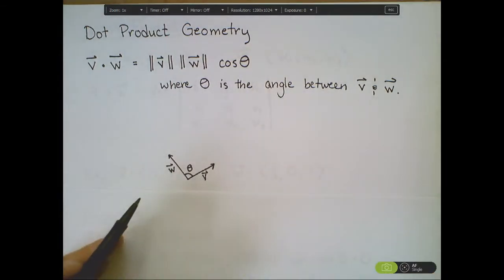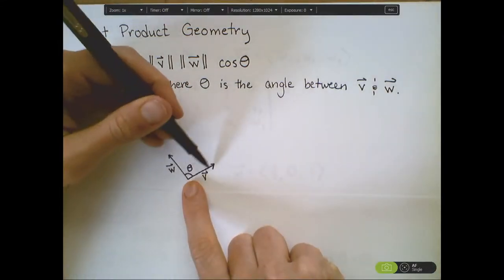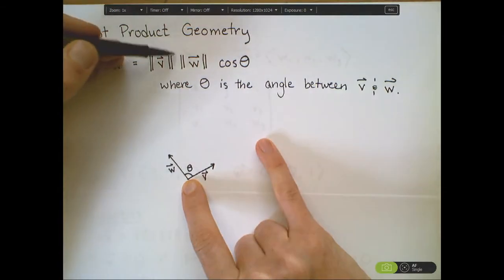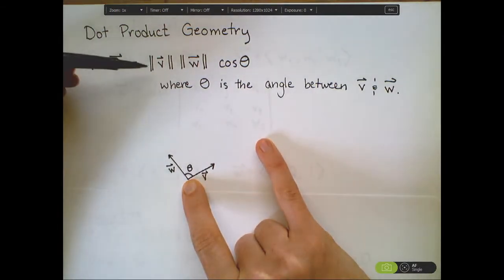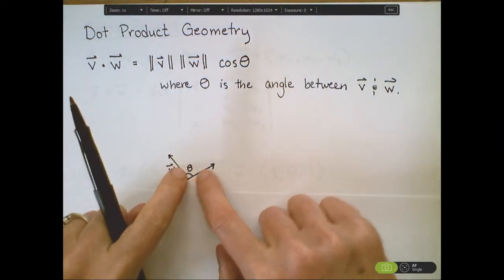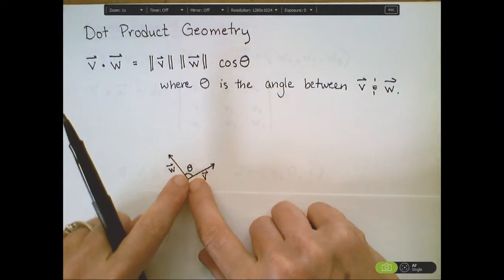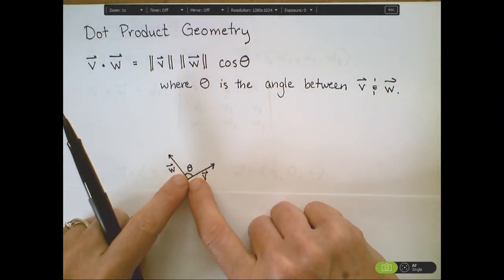And if I could dynamically think, if v got longer and longer and longer, then the magnitude of v is increasing. That means that the dot product would increase. So as v and w both grow, the dot product grows. As v and w both shrink, the dot product shrinks.